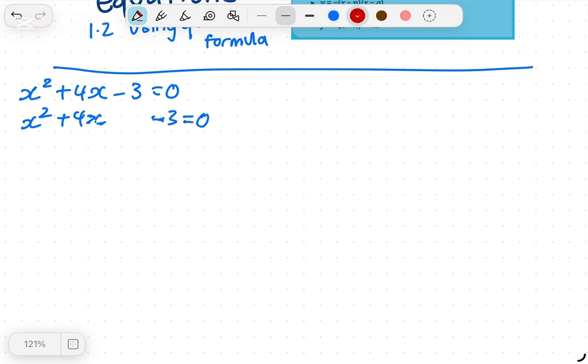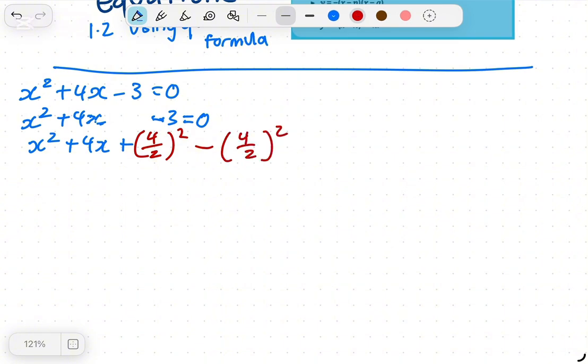Then you would complete the square and continue solving from there.